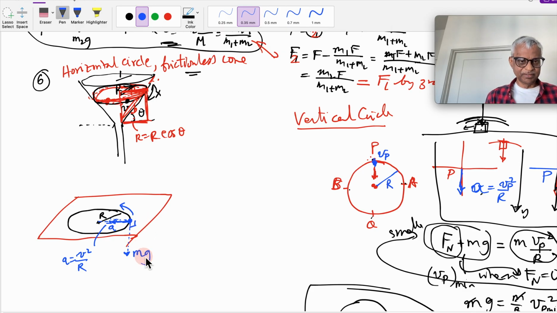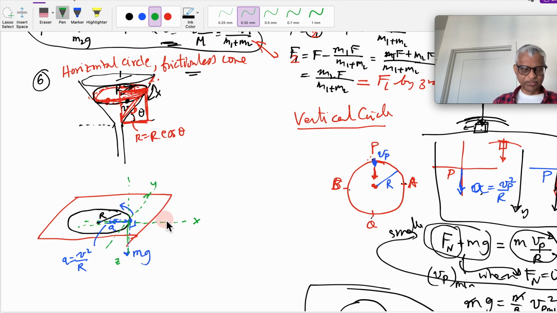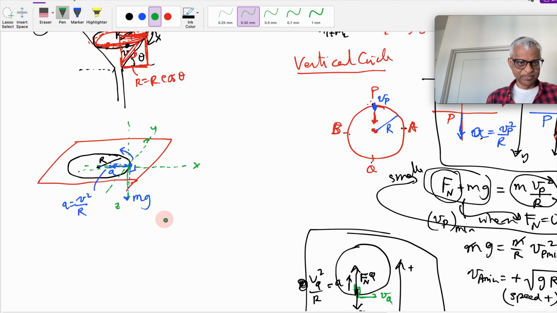Clearly, this can't be all the forces. If you look at x, if you draw axes here, x, y, z, so you've got all of this going now.